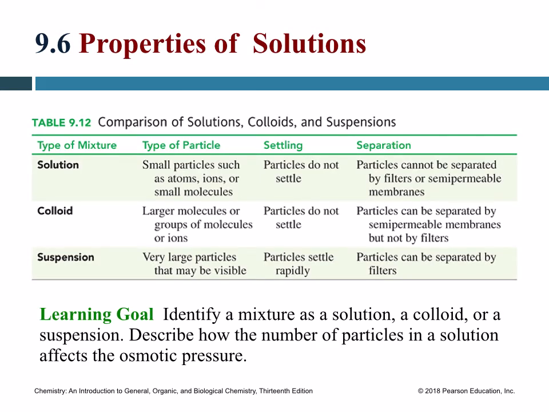Recall the classification of mixtures as solutions, colloids, and suspensions. One way to distinguish a colloid from a solution is that particles in a colloid are generally too large to pass through a semi-permeable membrane.